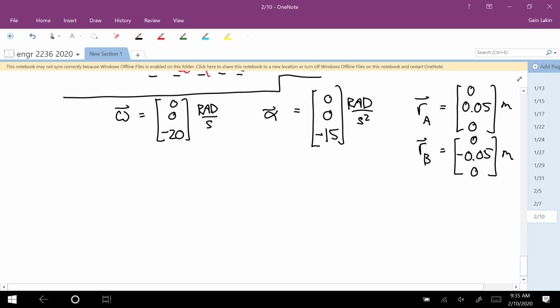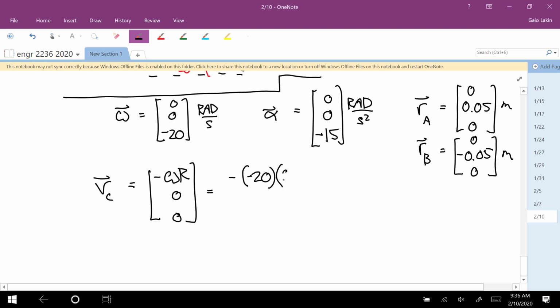And then it also lets you use these equations that say the velocity of the center, assuming relative to the ground, is negative omega r, 0, 0. So that is negative of negative 20 times 0.05, 0, 0.